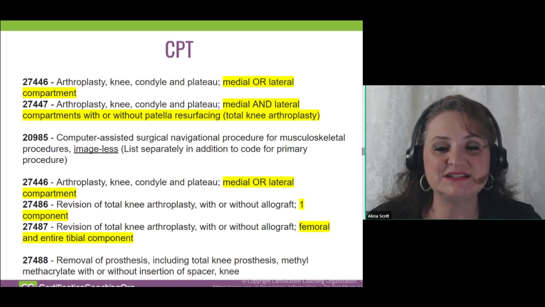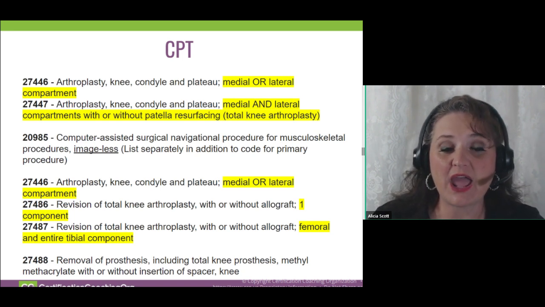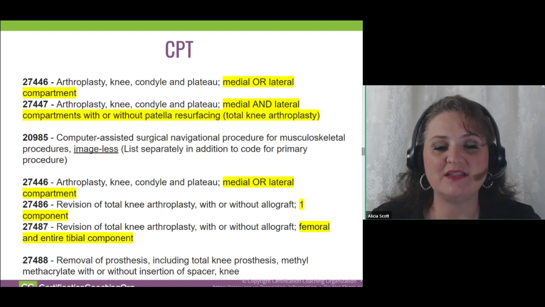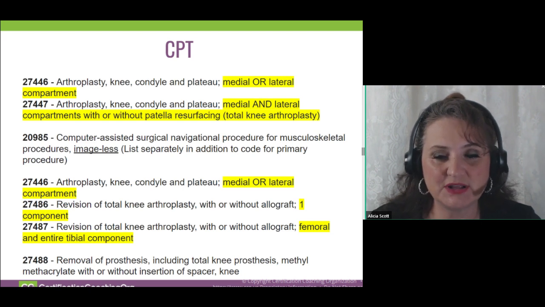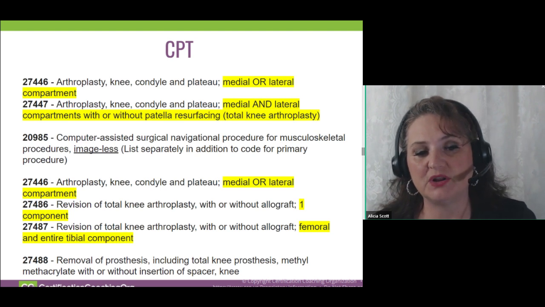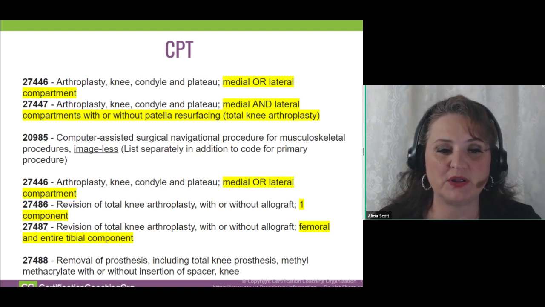27487 is femoral and entire tibial component. And that would be, don't worry about it being an allograft. So the allograft isn't pertinent there. It's the fact, did you do one compartment or did you do a femoral and entire tibial component?